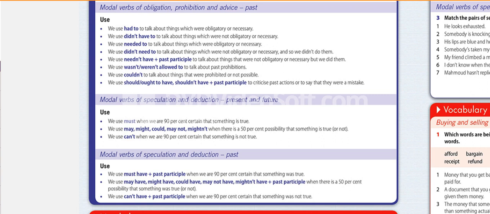The modal verbs: we use must when we are 90% certain that something is true. We use may, might, could, may not, or might not when there is a 50% possibility that something is true or not.